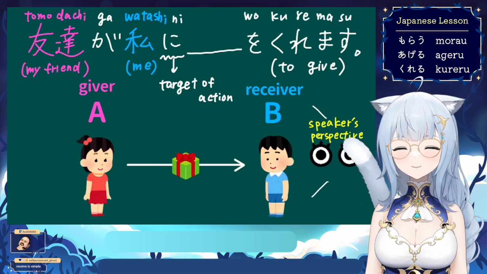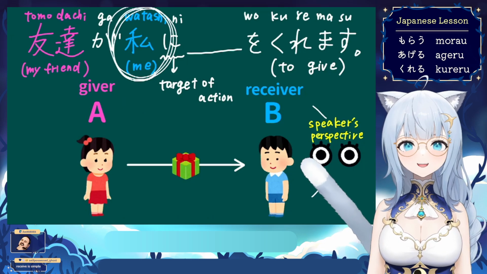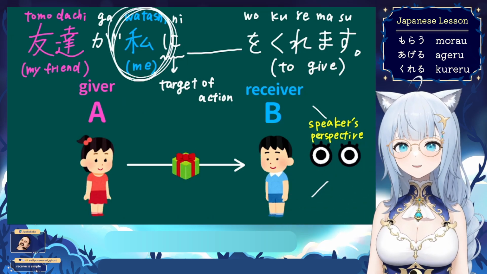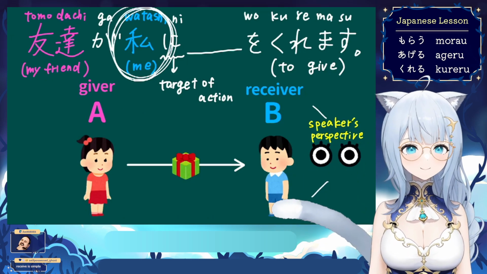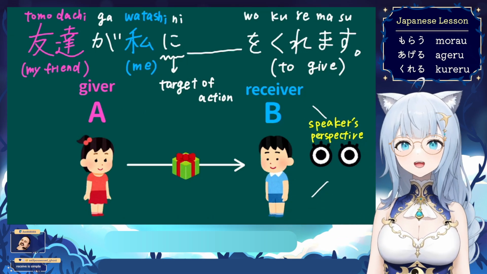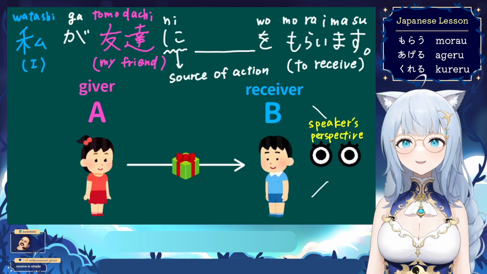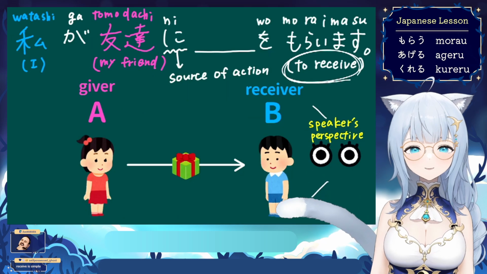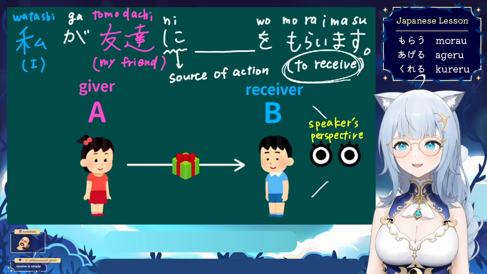If I should be the subject, you can say もらいます, so the verb changes to receive, not give.